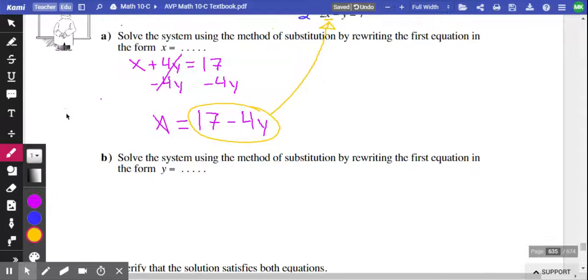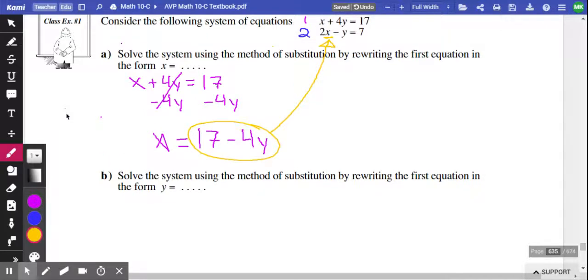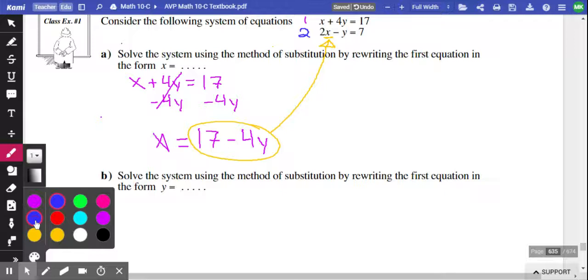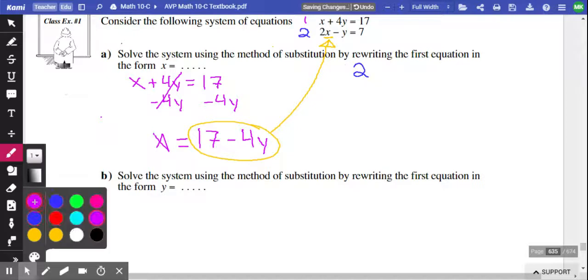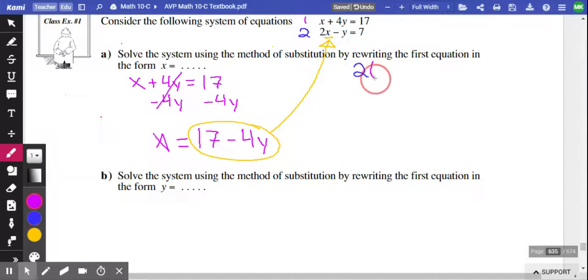I'm just going to keep working from here because I'm going to run out of space because I show a lot of steps. So on the second equation, I now have 2. Instead of x, I have 17 minus 4y.